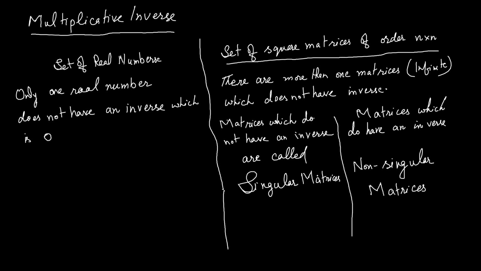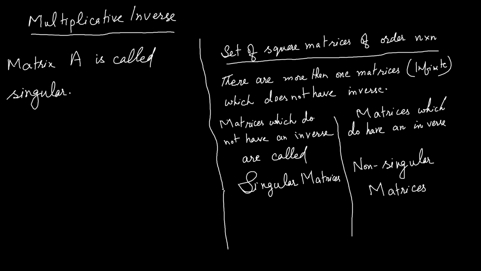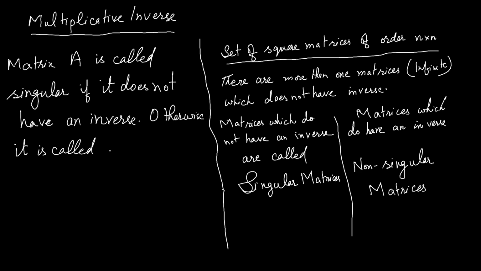Matrices which do not have an inverse are called singular matrices, and the matrices which do have a multiplicative inverse are called non-singular matrices. They are also called invertible because a multiplicative inverse exists for these matrices. So, matrix A is called singular if it does not have an inverse, otherwise it is called non-singular.